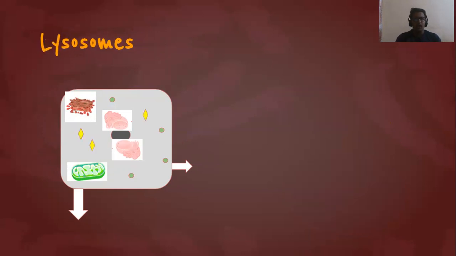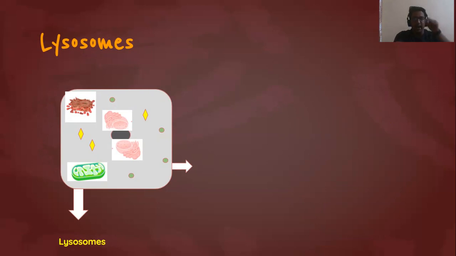Okay. Now this is something important and something new. Lysosomes were not there in plant cell. To say it perfectly, lysosomes are present a little in plant cells, practically negligible. In animal cells they are there, very evidently. So what are lysosomes? The yellow colored rhombus that you see is called lysosomes.